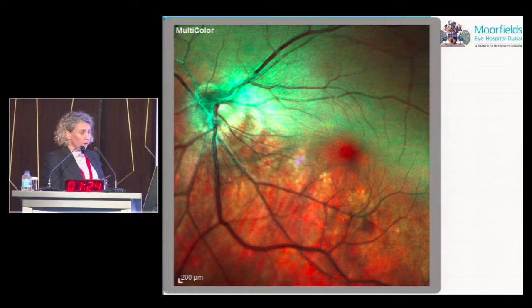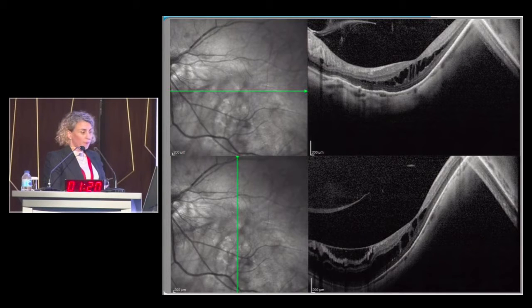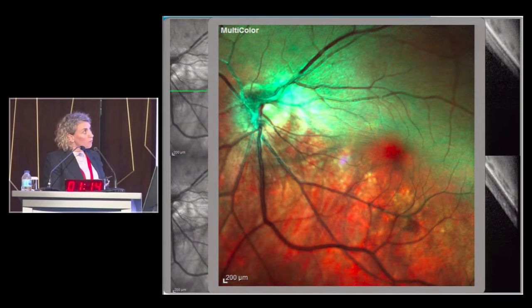The reason being that there is a schisis in this patient. But if you really look carefully, all the information is already there. So you see that the two parts of the retina are not exactly in the same plane.